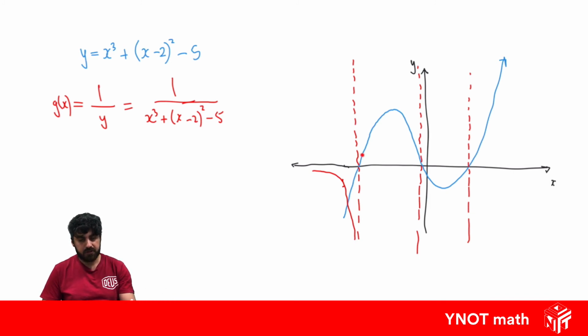These tiny positive y values, 1 over those, give really large values. So we're approaching infinity. Same thing over here, tiny y values, 1 over those tiny values approach infinity.